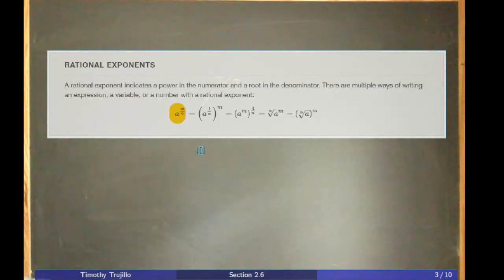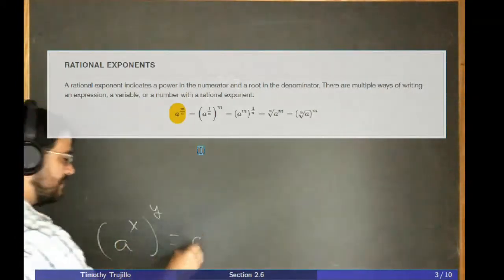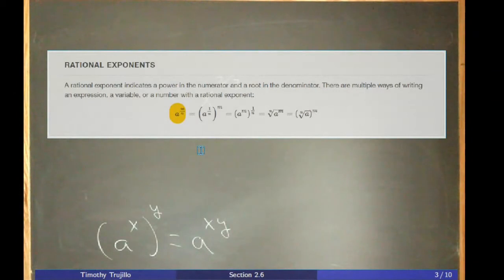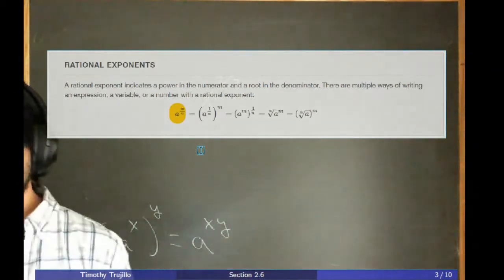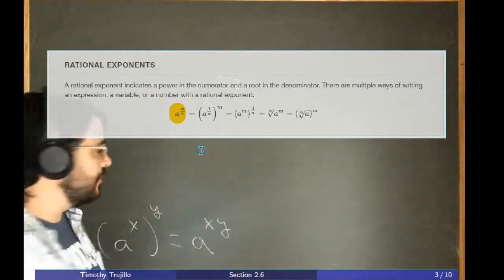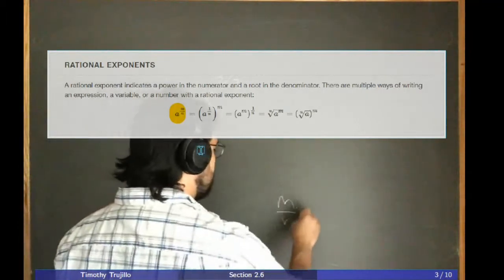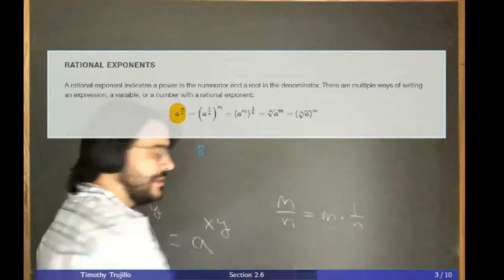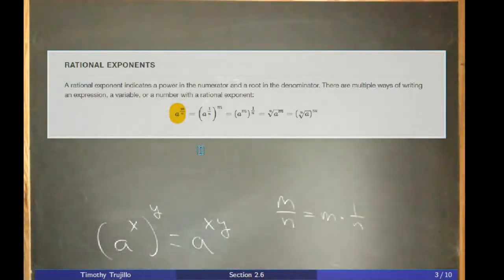Just because of the way that exponents work, remember, if you have something like a to the x raised to the y, it's the same thing as a to the x times y. That's just one of the properties of exponents that we should be familiar with. And here, if we take m over n, you can think about it as m times 1 over n, because dividing by n is the same thing as multiplying by that reciprocal.